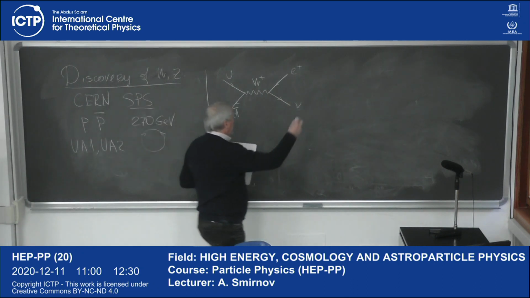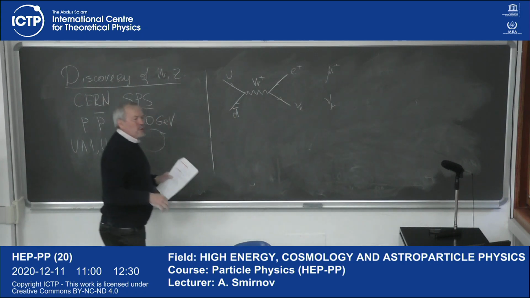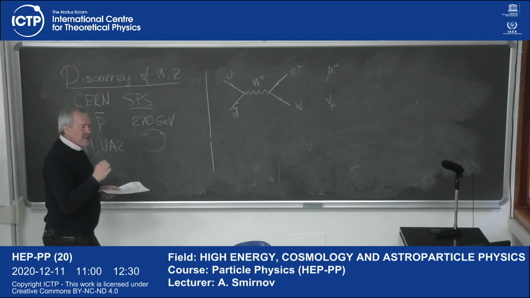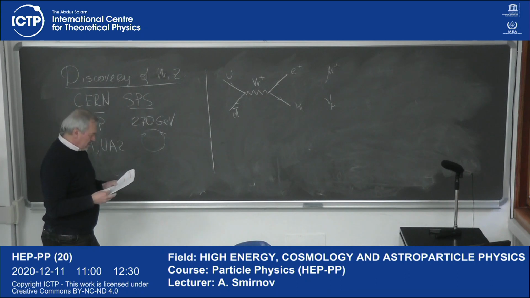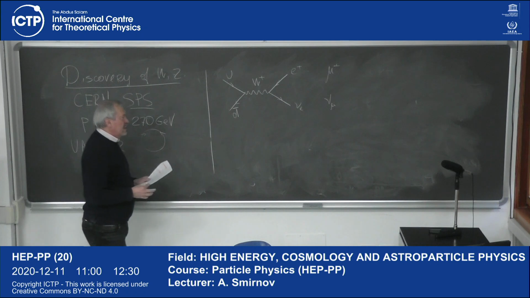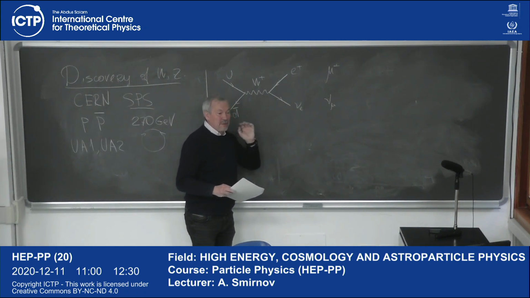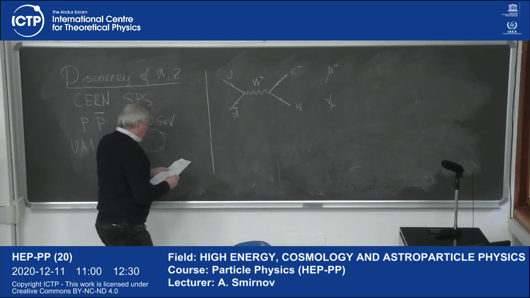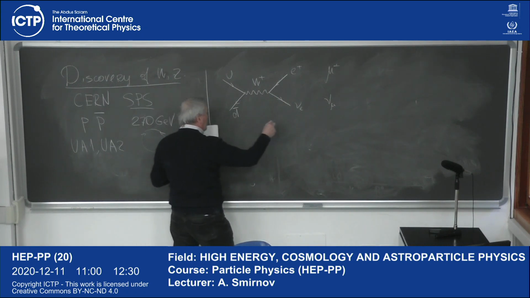And also they can decay into mu plus and neutrino. And they can also decay into all other pairs of quarks which the W boson couples to. In all pairs of fermions we have discussed, apart from, of course, the top quark, which is heavy, so the W boson cannot decay into the top quark.